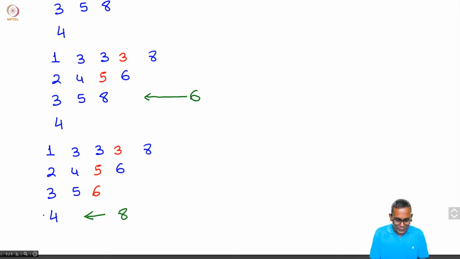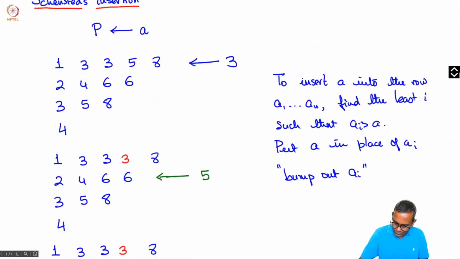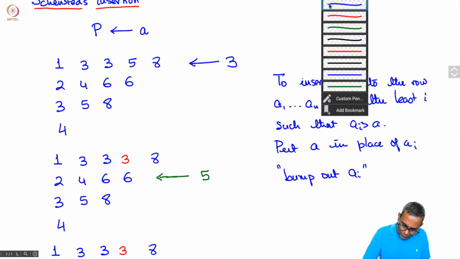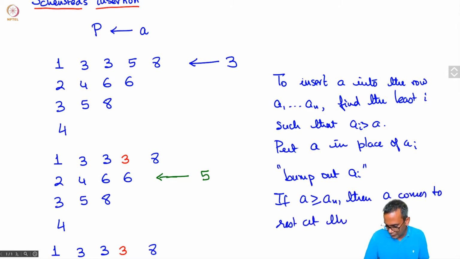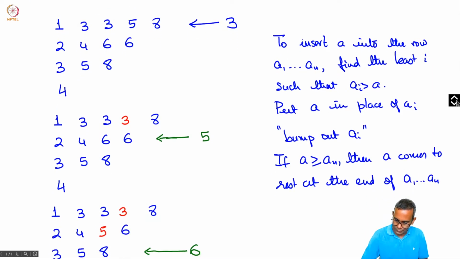But this 8 is greater than or equal to all the entries in this row, and so then we have a different rule for that. So let me add that rule here. In case A is greater than or equal to AN, then A comes to rest at the end of A1 up to AN, and nothing is bumped out.